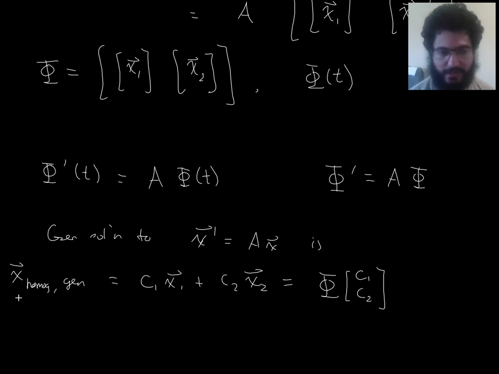So look at this nice compact way to write the general solution to the homogeneous differential equation. You just take your phi, which is a matrix whose columns are your 2 linearly independent solutions, and you apply it to an arbitrary vector.